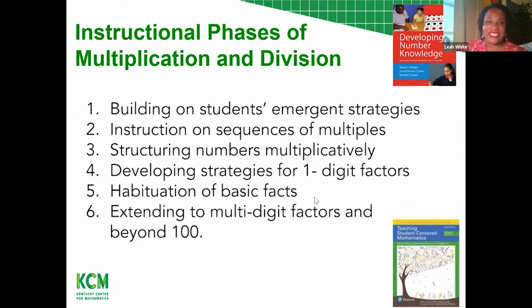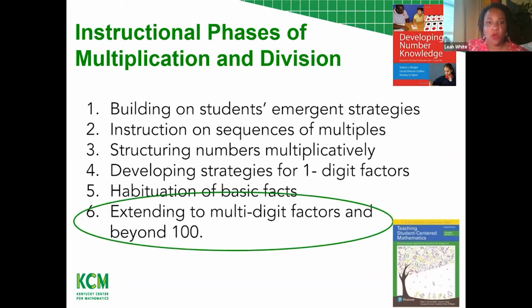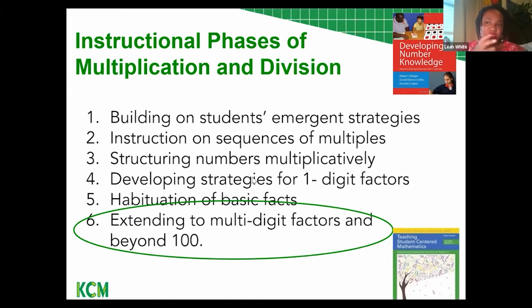Another research tidbit are those instructional phases of multiplication and division. You saw those earlier this week. And so today in particular, we're looking at that last phase where we are considering digits beyond 100. I've used these 2 resources, which we refer to often as the Red Book, Developing Number Knowledge, and also Teaching Student-Centered Mathematics, which we refer to sometimes as the Green Book.